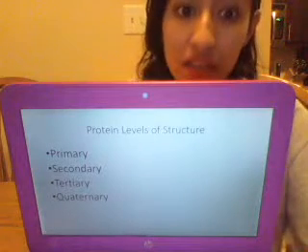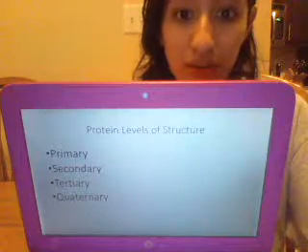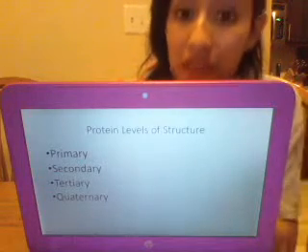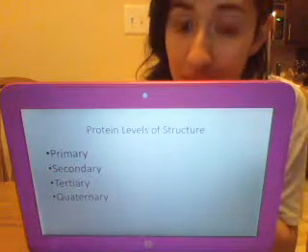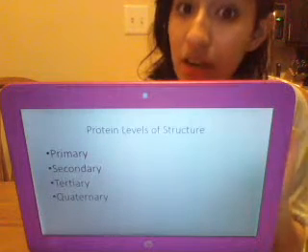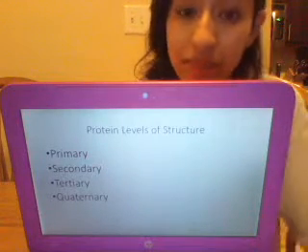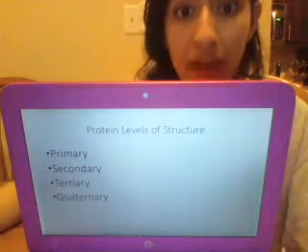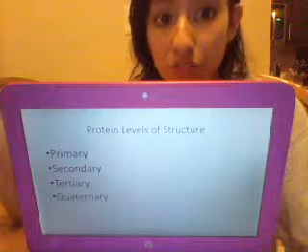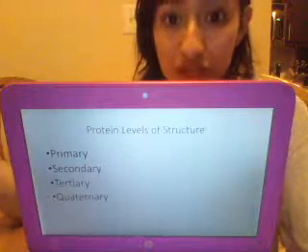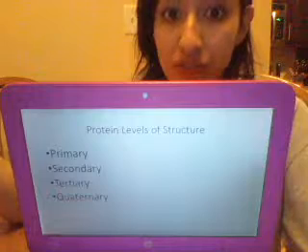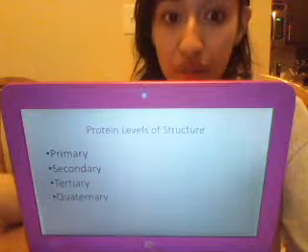And then we have the secondary protein level, which only talks about the alpha helices and the beta pleated sheets and the irregular folds that are also within a protein. Now, with tertiary, we get that, but everything is involved. So we have the alpha helices, the beta pleated sheet, and the irregular folds all in one functioning protein unit.